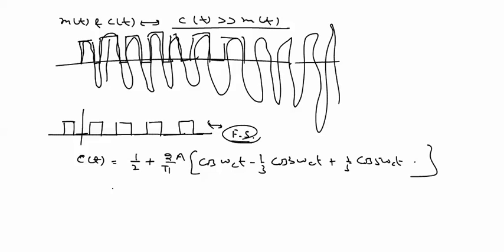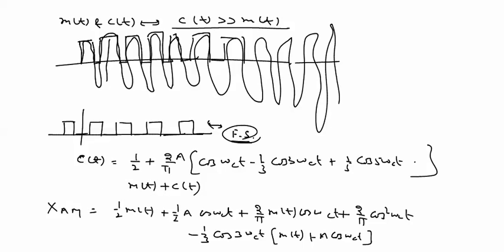We multiply this term with m(t) plus c(t). If we multiply this term, we get a lot of harmonic terms. We get all these terms after multiplication, and after passing through a band pass filter, out of these components some components may pass.